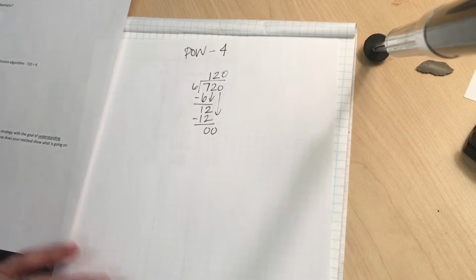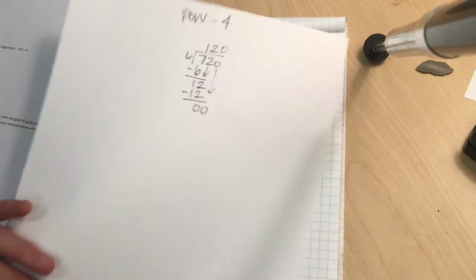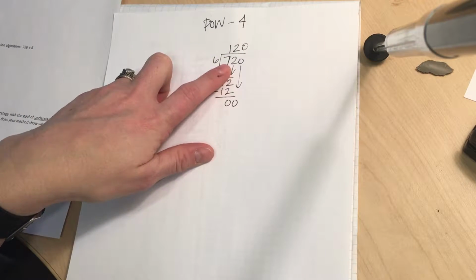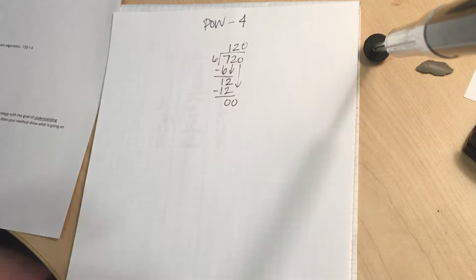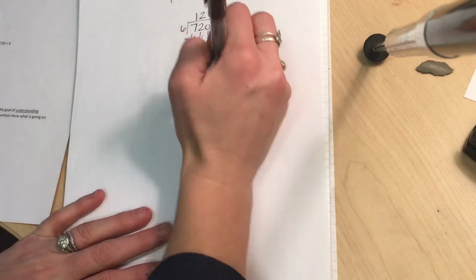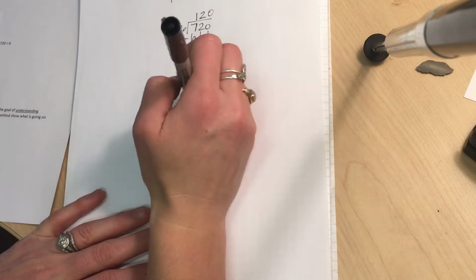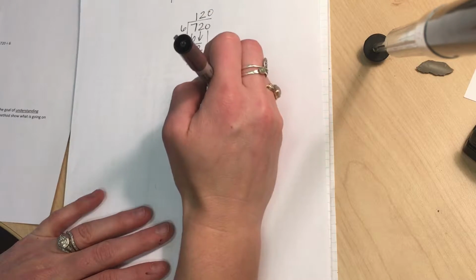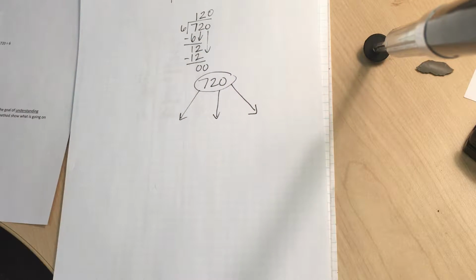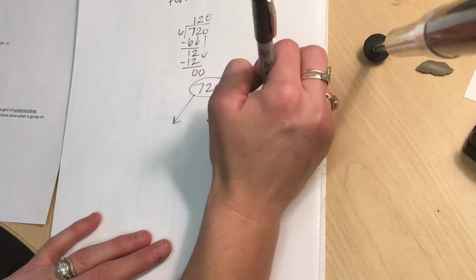So in number 3, you were then asked, can you think of another way to figure out how to do 720 divided by 6? So let's think about it this way. Let's take the number 720 and try to divide it up into 6 groups.